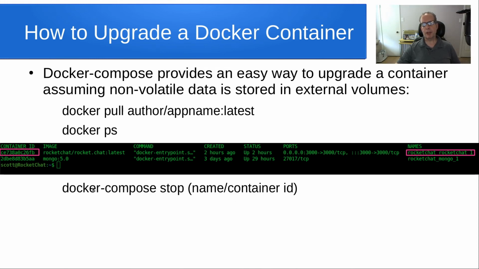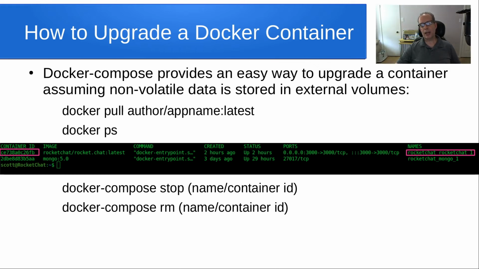So as an example, I would do docker-compose space stop, and I would give the container ID or the container name of the Rocket Chat container. And then I would do a docker-compose space remove and the name of the container or the container ID. About now you're panicking, saying, if we're going to remove the container, doesn't all the data go away?